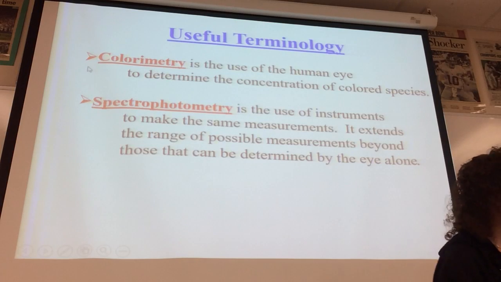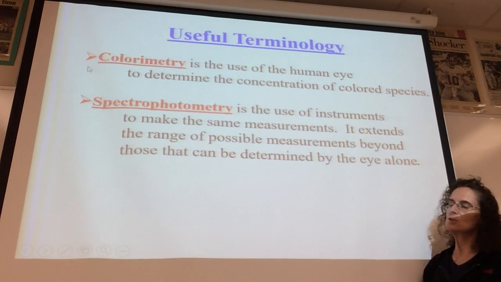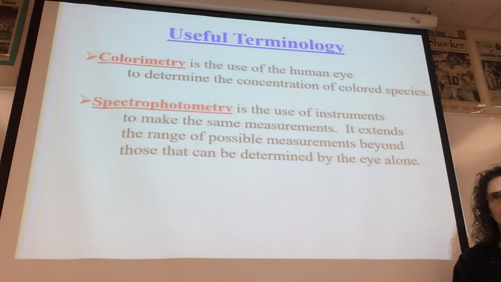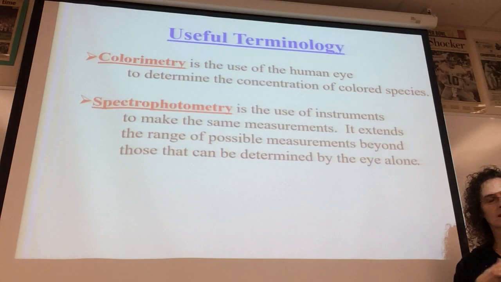There we go. So colorimetry is essentially just using your eyes, and you can somewhat assess the concentration of a species if it's colored. When I say somewhat assess, think about it this way. You make lemonade and it just tastes too tart. You might take some of the lemonade, mix it with some water, you'll dilute it. The lemonade that's very yellow is more concentrated than the lemonade that's just a little bit yellow.